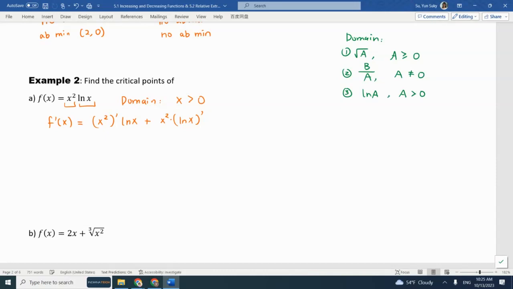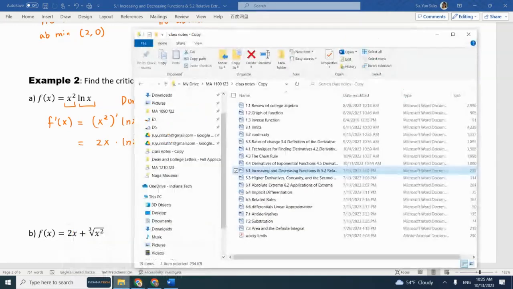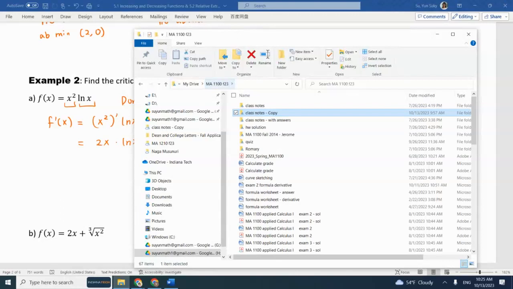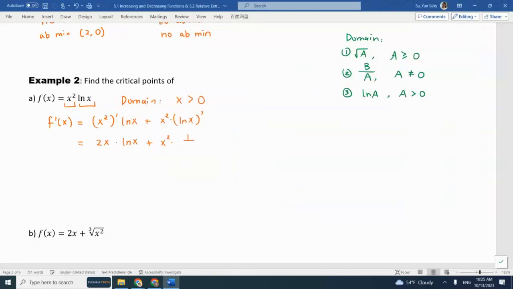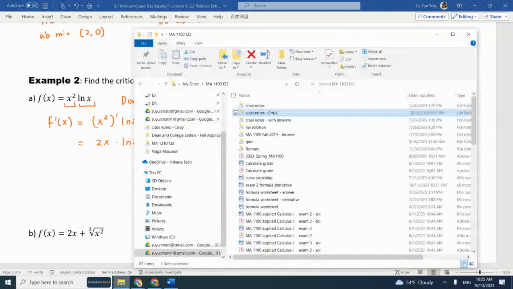The first step we use the product rule. What is the derivative of x squared? 2x. And then ln x. What is the derivative of ln x? Yes, 1 over x.